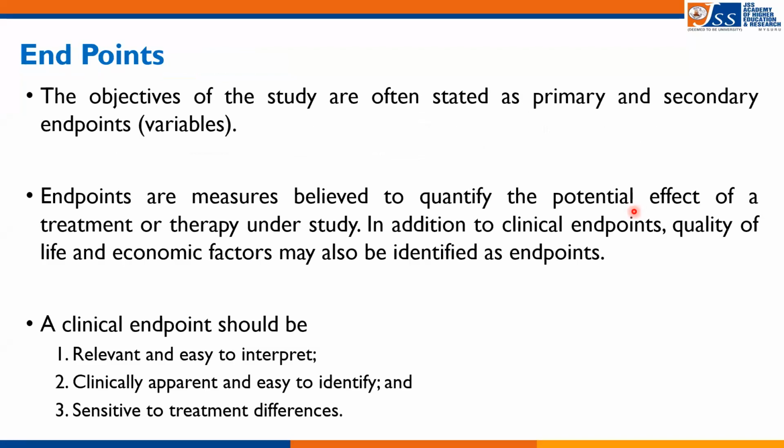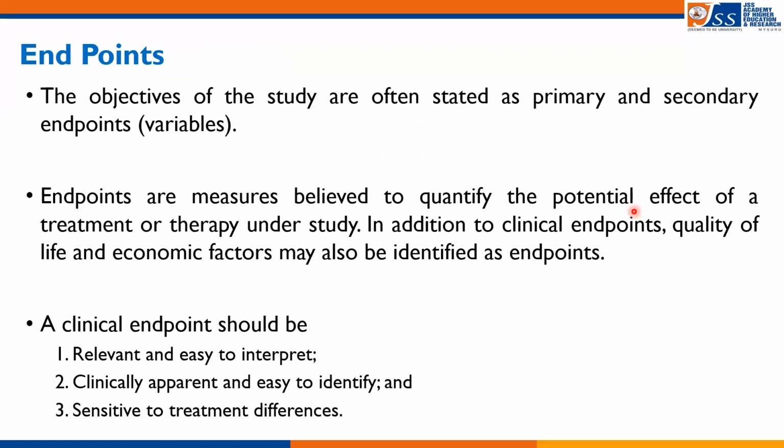Endpoints are the points on which you can say whether an objective has been achieved or not. Like if your drug is an antihypertensive agent, how do you know it works? What is the endpoint of it?